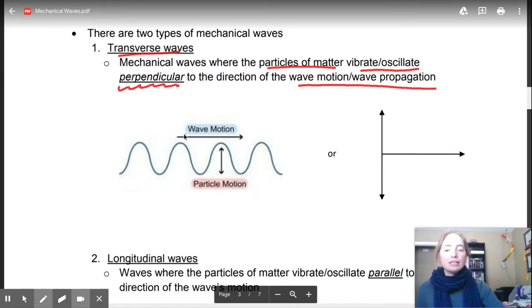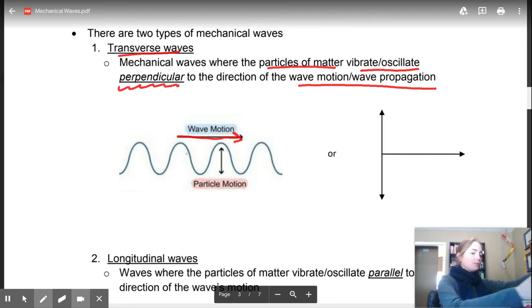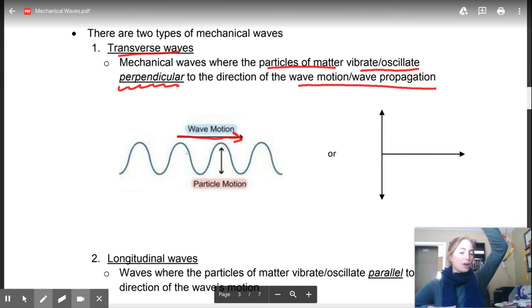So what this means is that the wave propagation or wave motion's this way, but the particles go up and down. So think about a wave in the water. When you look at the ocean, the wave is going to go this way through the water, but what you see of the wave is the water comes high and then goes low, high and then low. Okay?